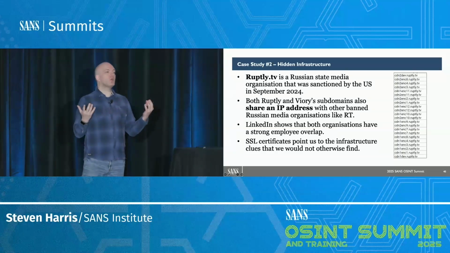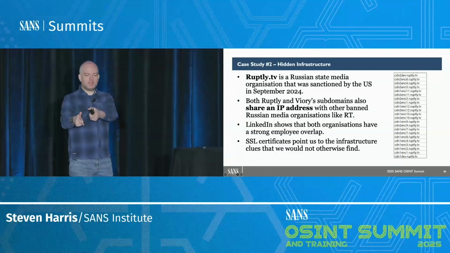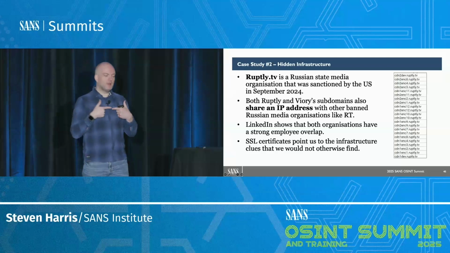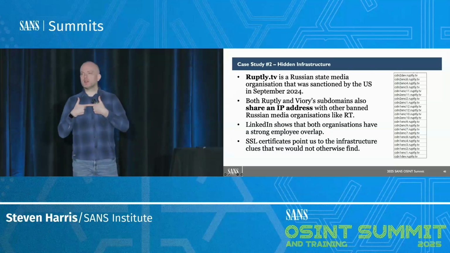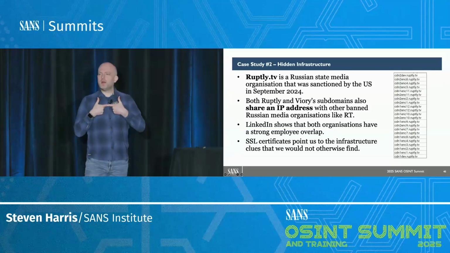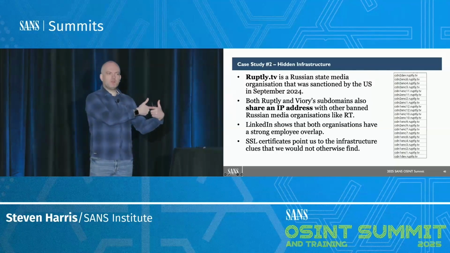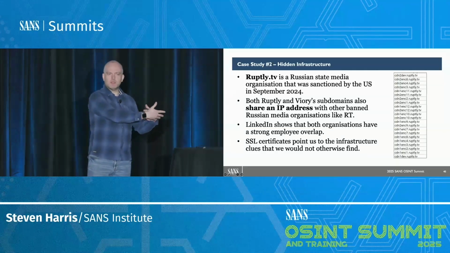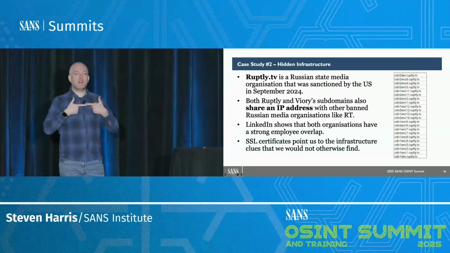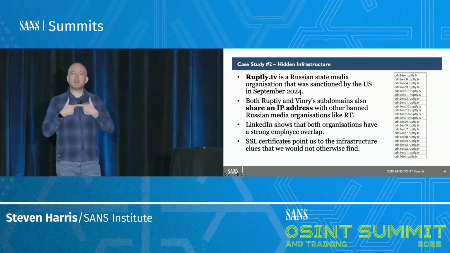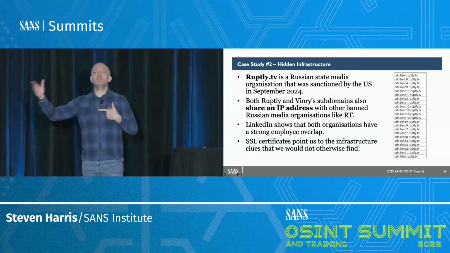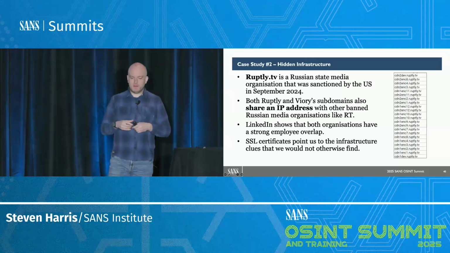They also, guess what, share the same single IP address for these CDN subdomains. So thinking about your attribution, we thought they're likely to be linked to the Russian state because they were facilitating interviews with Russian politicians. They're also sharing the exact same internet infrastructure as a known Russian state media entity as well.